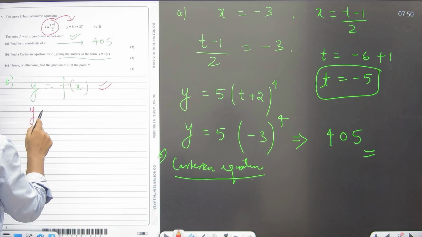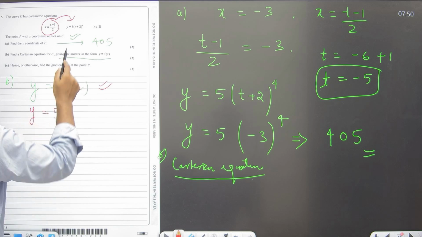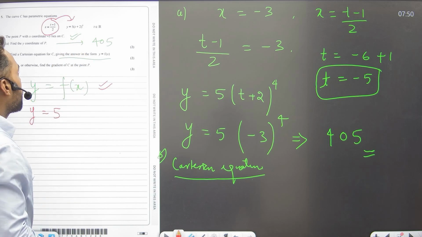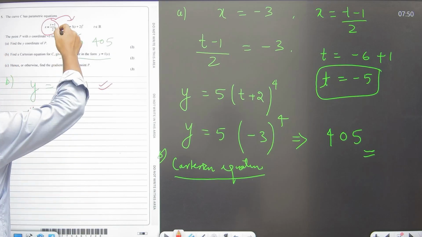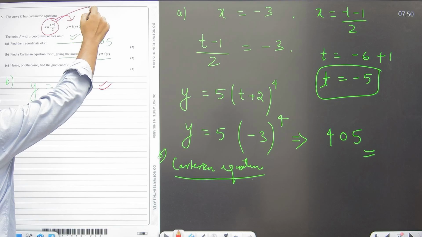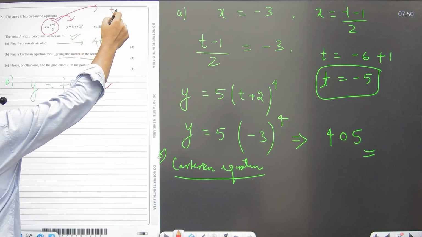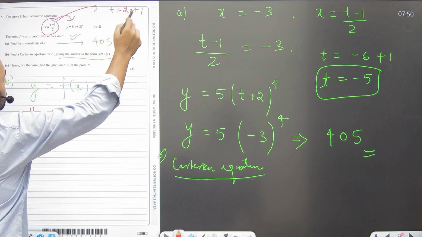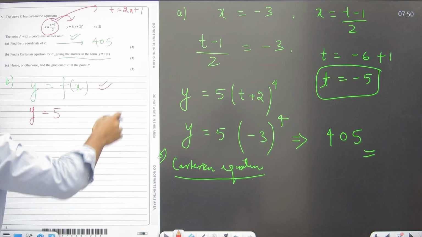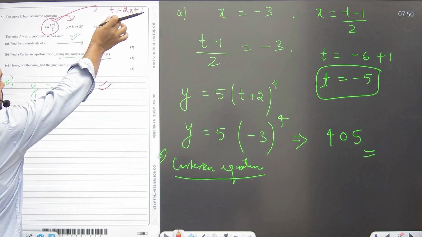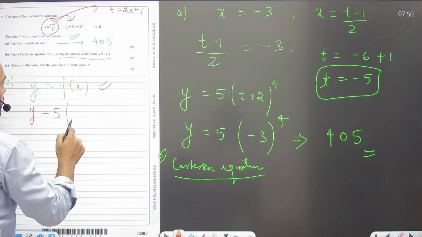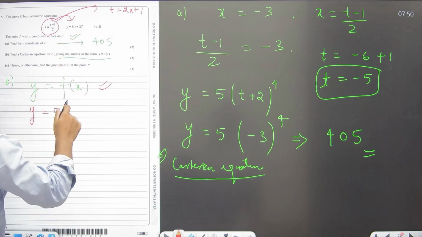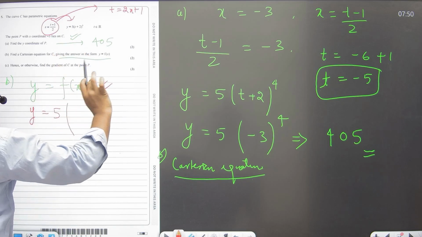We will get y equals (5t plus 2) raised to the power 4. So t from this part will be t equals 2x plus 1. Okay, so we need to place t equals 2x plus 1 in this particular equation in place of t, then only it will be the part of y equals f(x).